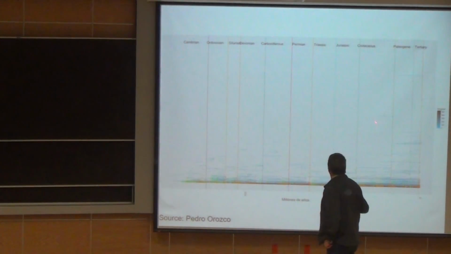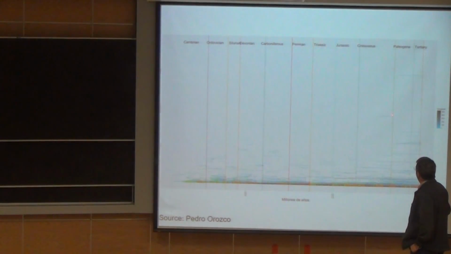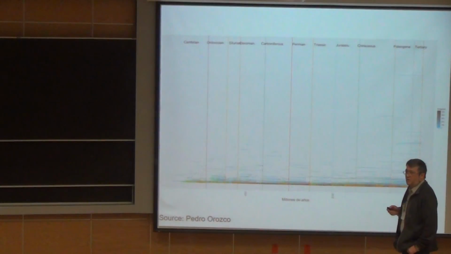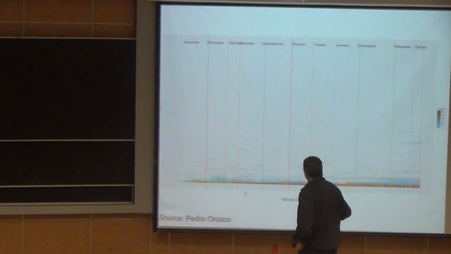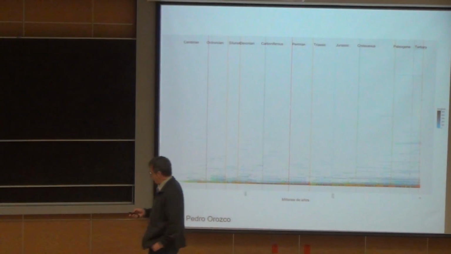So for instance, this one here appears quite often. There are many labels that go from this to this era, whereas most of them are concentrated down below. This is a zoom just so you can see a bit better what it looks like. So this is the fossil record. The scale is millions of years ago.